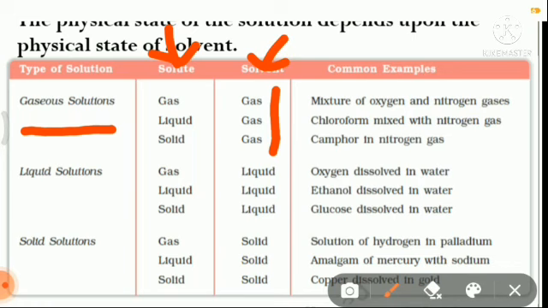Similarly, if the solvent is liquid, then the solution will also be liquid, and if the solvent is solid, then the solution will be solid. So who determines the physical state of the solution? The physical state of the solvent determines the physical state of the solution.